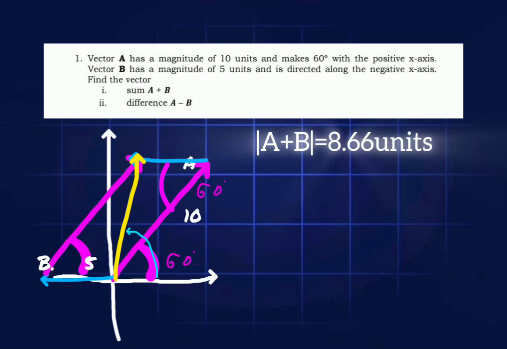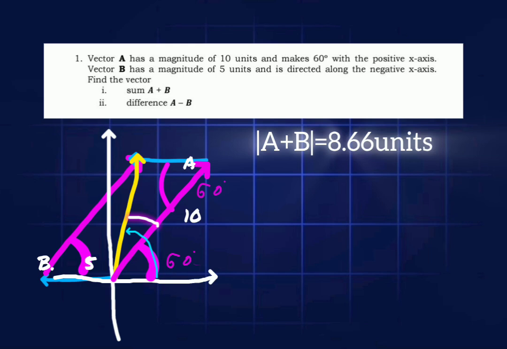If we look carefully, we have a 60 degrees there. If we find the angle between vector A and the resultant vector, we would just add that 60 plus that angle and we would have that direction, or angular displacement.